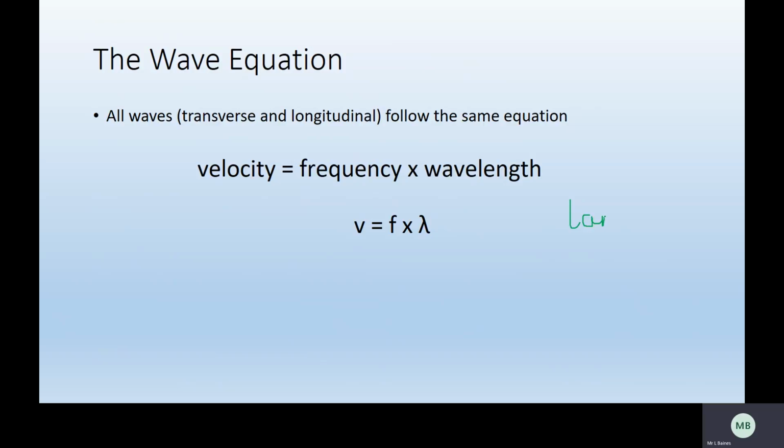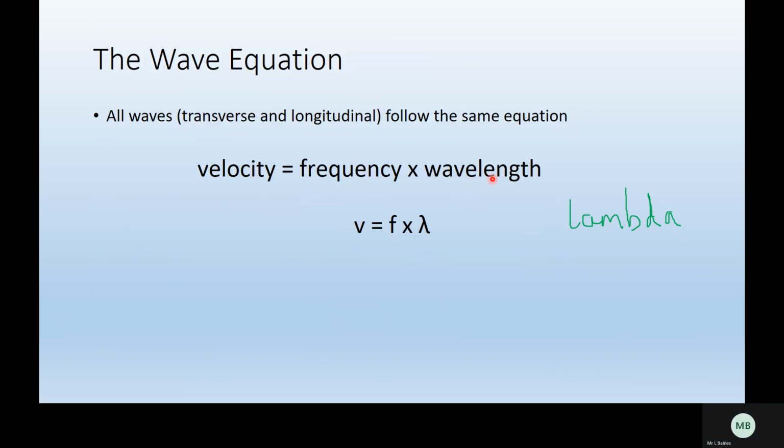It's spelt lambda. It's an old letter from, I think, the Greek alphabet, but it's almost like an upside down Y. So it looks like this, and that is a symbol that you will see. You need to learn that that means wavelength because they don't tell you that in your GCSE.